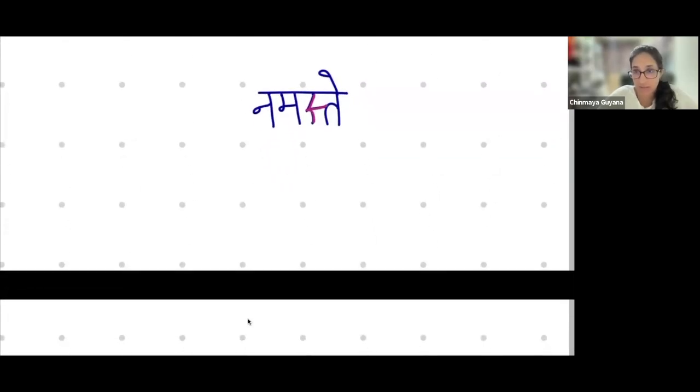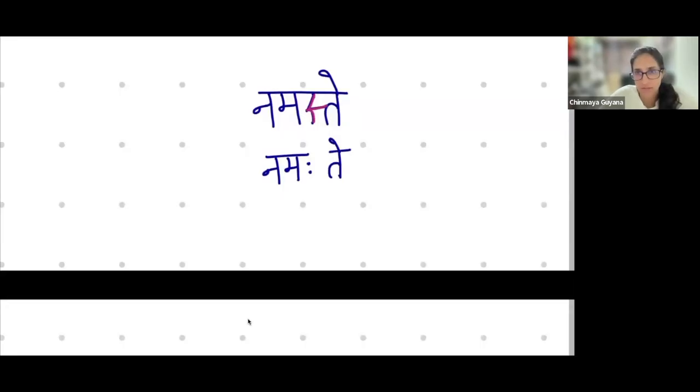The sa is in pink. So that sa is going to become a visarga. So namaha it is going to become namaha te.